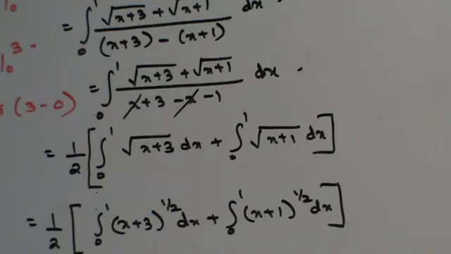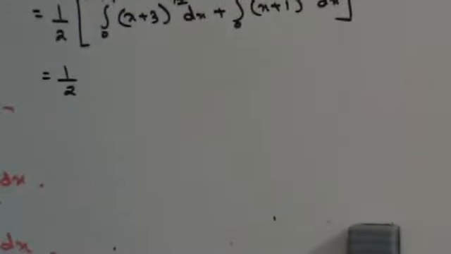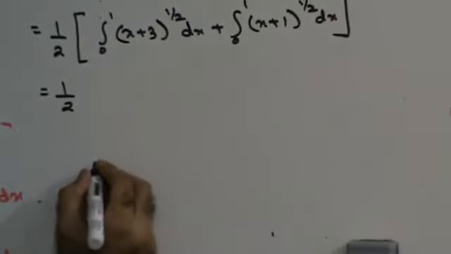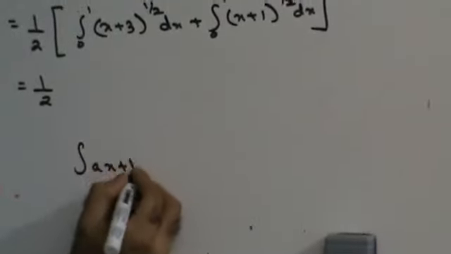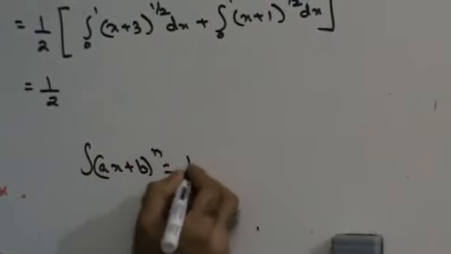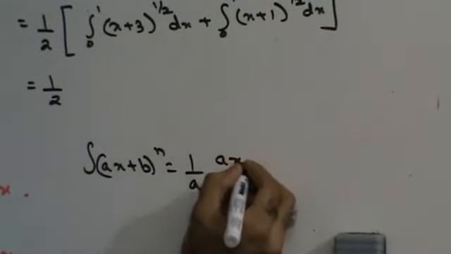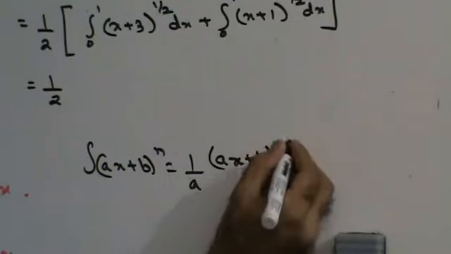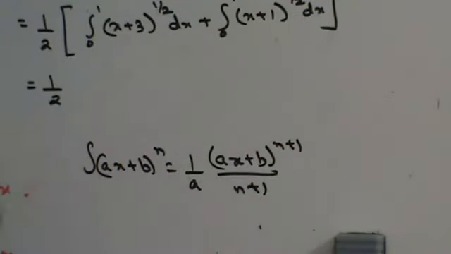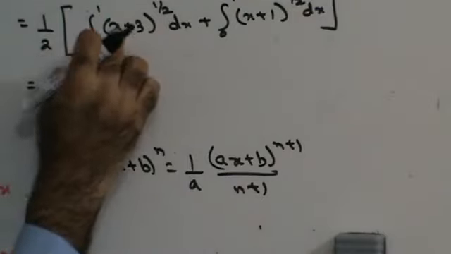1 by 2. Integral of ax plus b raised to n is 1 upon a times ax plus b raised to n plus 1 upon n plus 1. That formula I need to use. A is the number with x, which is 1 here.